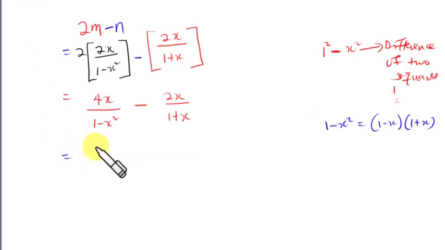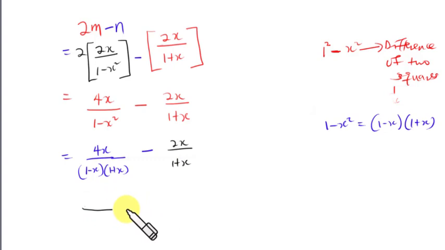this is going to be 4x, and 1 minus x squared is 1 minus x as 1, then 1 plus x as 1. All right, minus, and here too we have 2x on 1 plus x. So if we are finding the least common multiple of this, we don't repeat the factors that we find here and there.